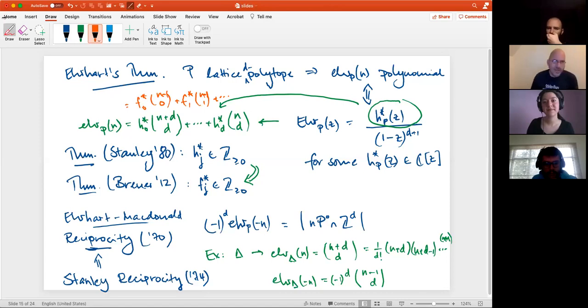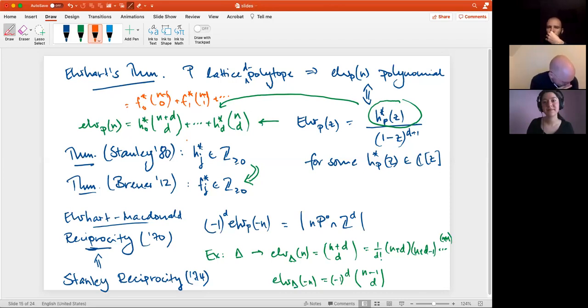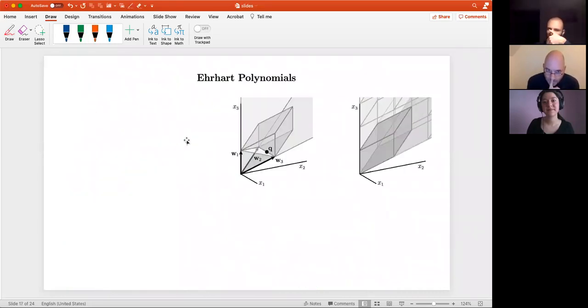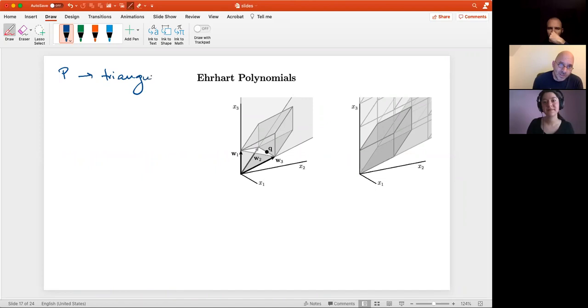Okay, so let me give you a little bit of an idea of how one proves this in general. We already said, if you start with a polytope, the first thing we want to do is triangulate. We'll talk about this tomorrow, but triangulate means that I write my polytope as a union of simplices.